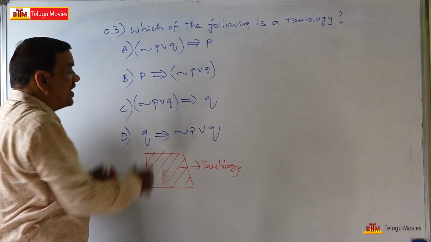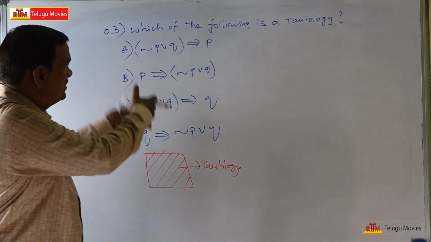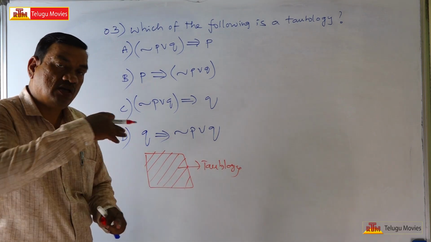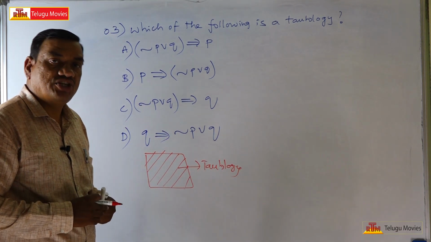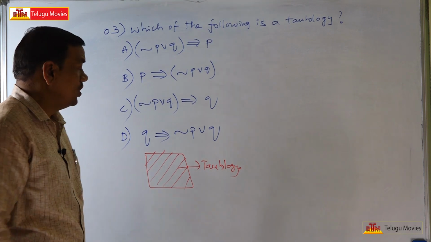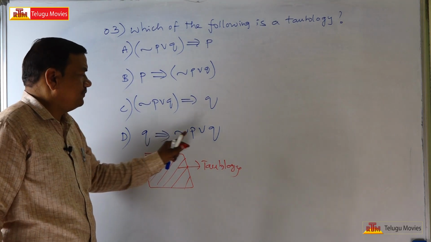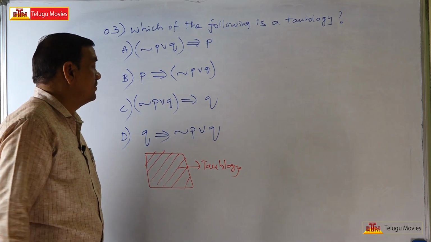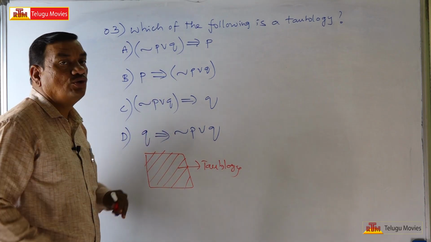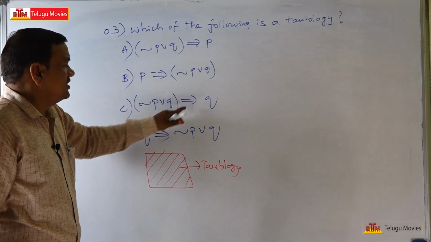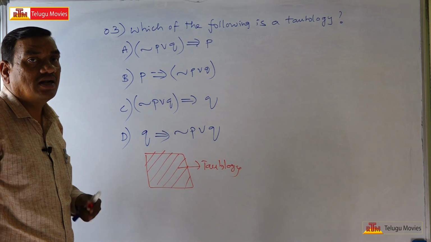So if you draw the Venn diagrams for this data and the total universal set is shaded, then that compound statement will become a tautology. Wherever there is OR, you treat it as a union, and wherever there is AND, you treat it as an intersection. Now if you observe, all are implications, they are all conditional statements.